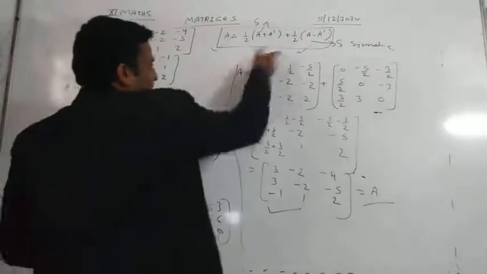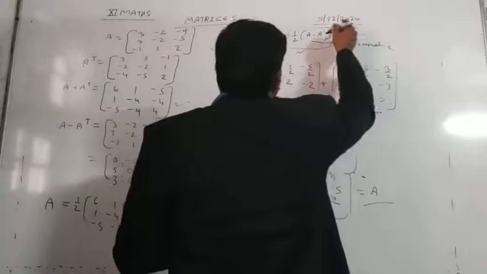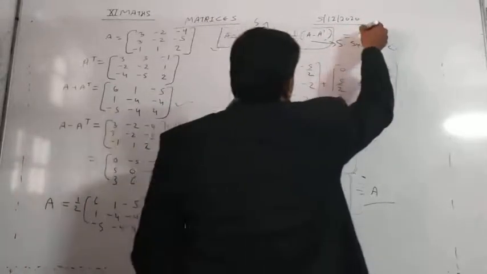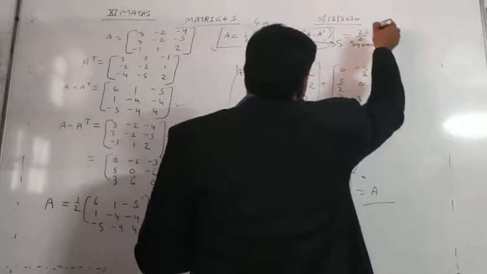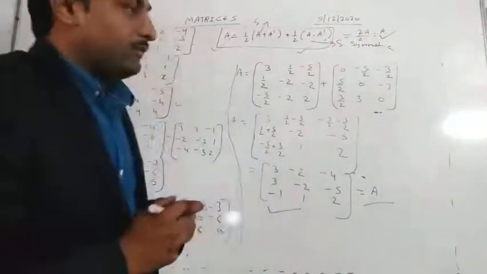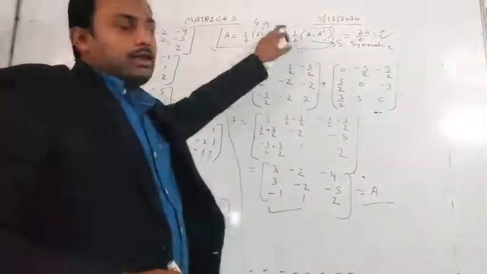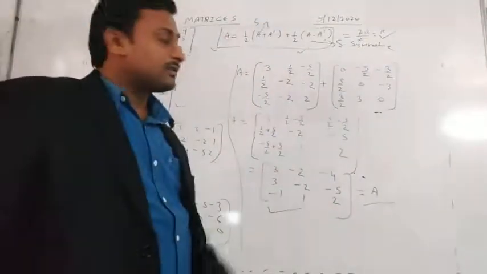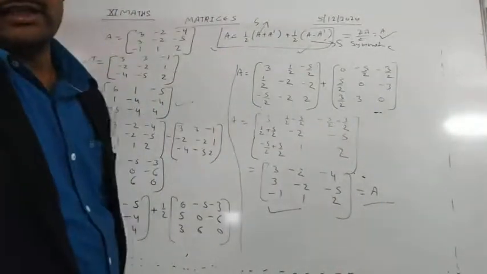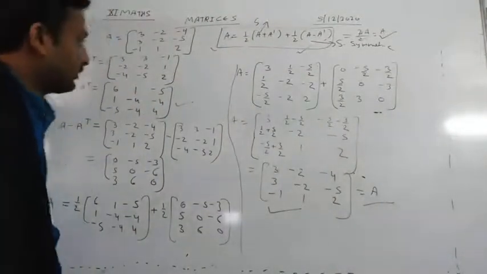When we add these, the A dash terms cancel, and we get 2A by 2, which is A. So if we are able to represent the matrix in this form, then matrix A can be represented as the sum of symmetric and skew symmetric.